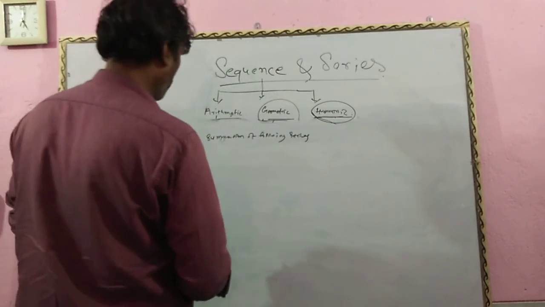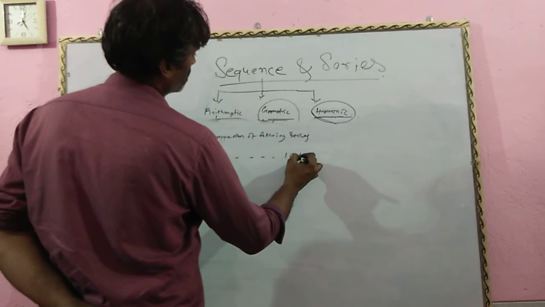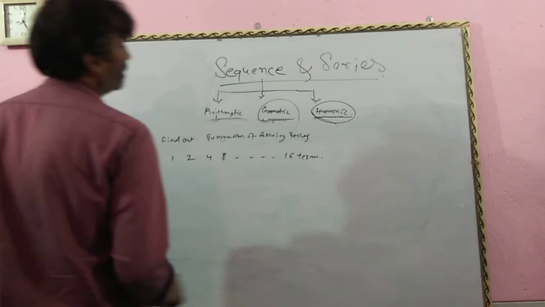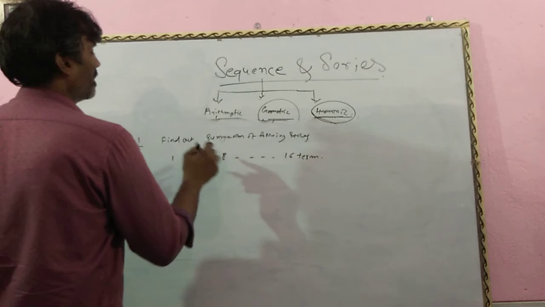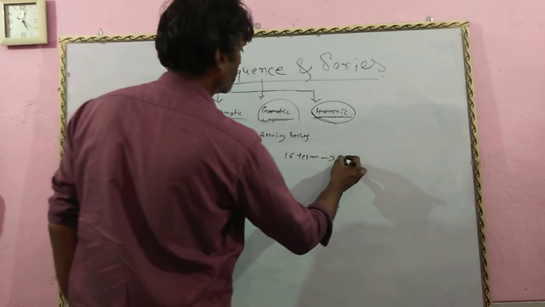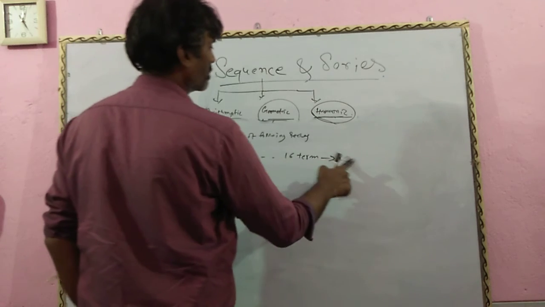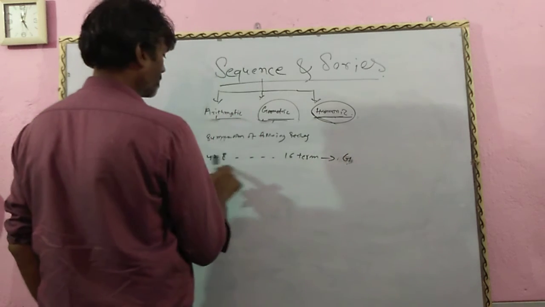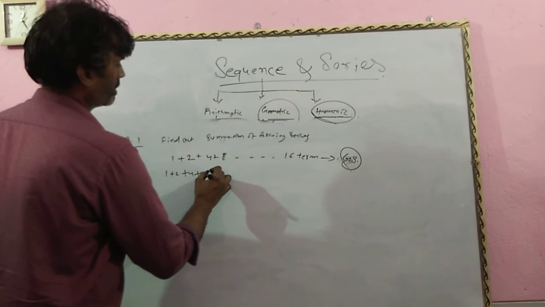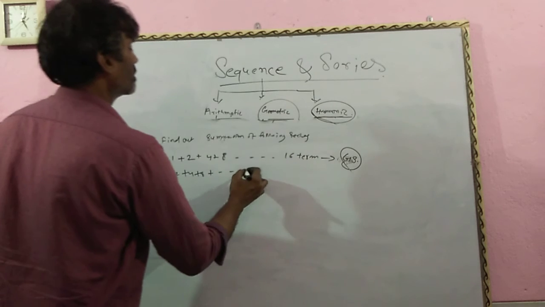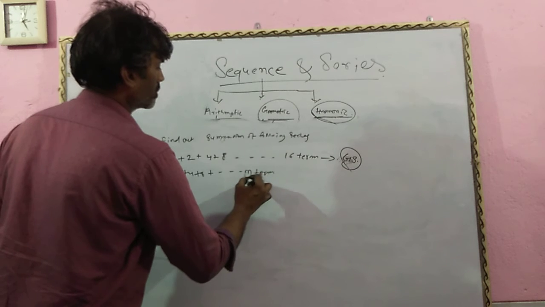And here given 1, 2, 4, 8 up to 16 terms. Then how to find out? These are all in geometric progression. When we are adding, this will be a geometric series: 1 + 2 + 4 + 8 up to how many terms? 16 terms, so n is equal to 16.